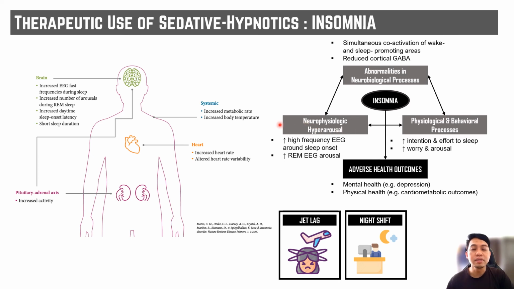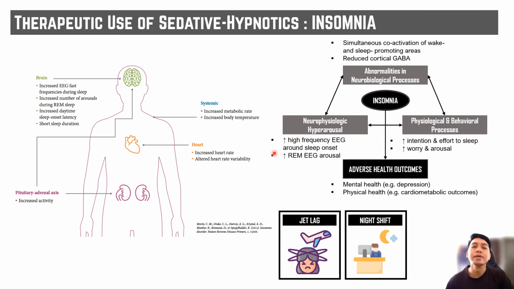This hyperarousal can be detected or examined using EEG and physiological measures during sleep and wakefulness. EEG indicators for hyperarousal include increased high-frequency EEG activity in beta and gamma, decreased delta activity, which is the non-REM state, and increased REM EEG arousal.